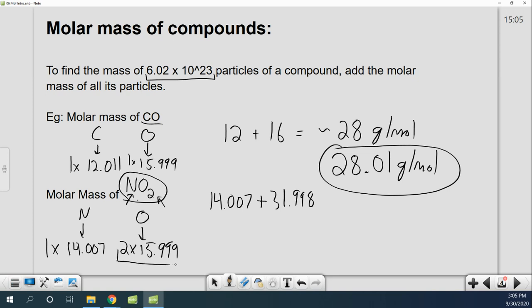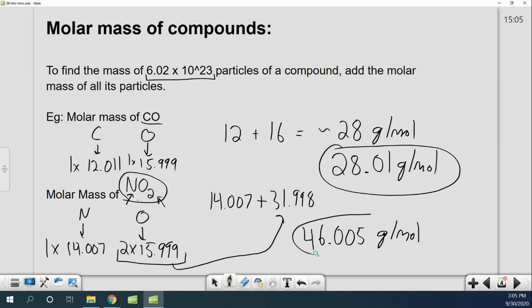So I just did this math, put that number there, add those together with 14.007, and my molar mass is 46.005 grams per mole. So I would weigh out approximately 46 grams of nitrogen dioxide, and that would get me very close to 1 mole. There we go.